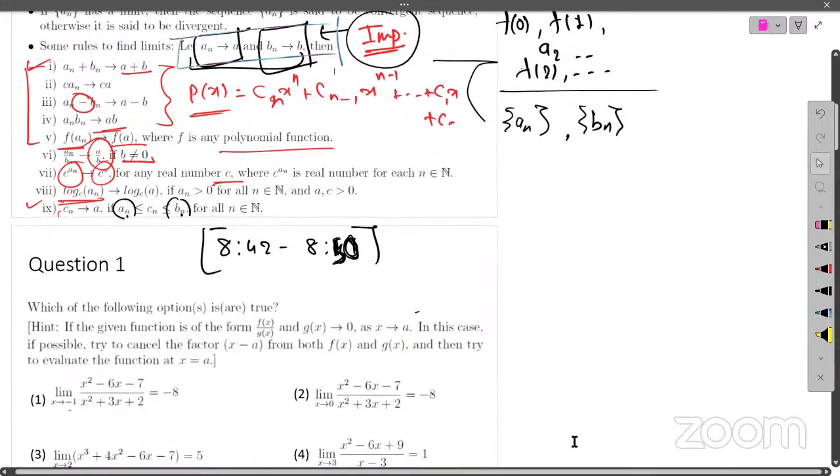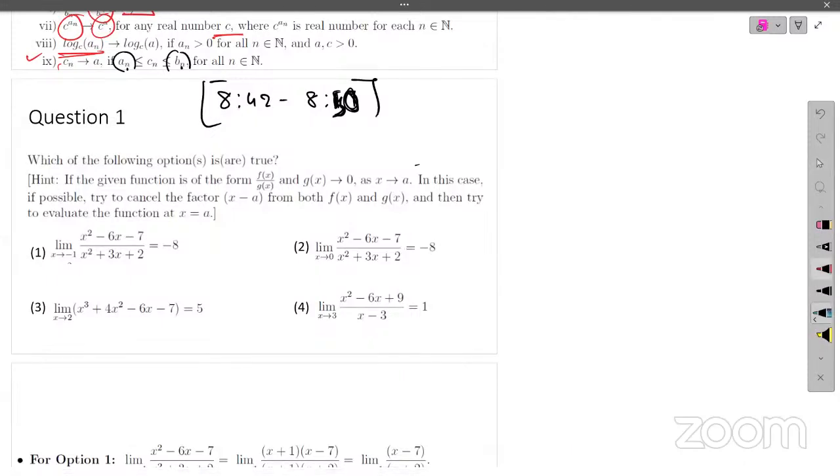The statement is: suppose an converges to a and bn converges to b.